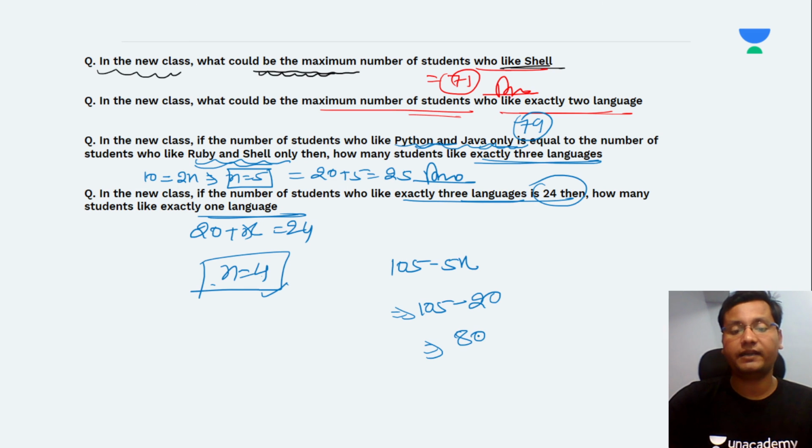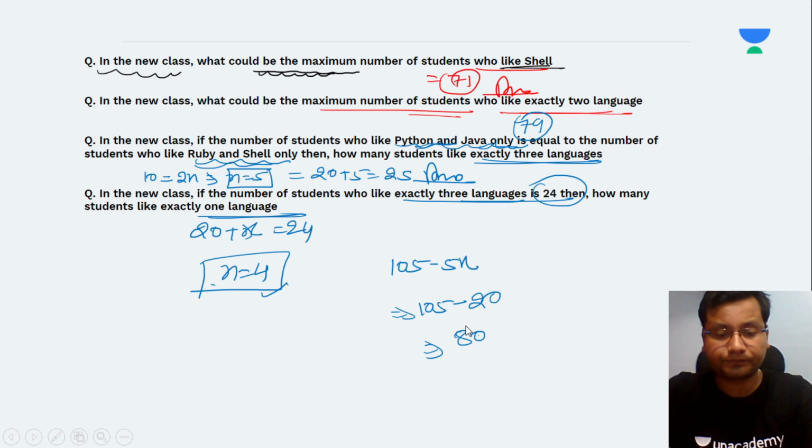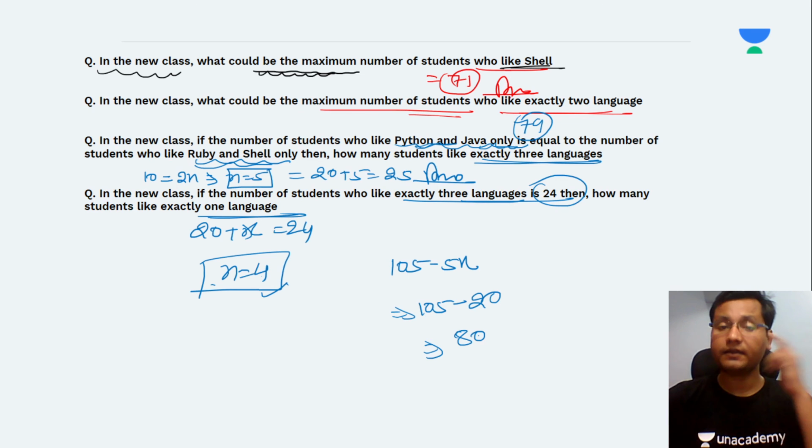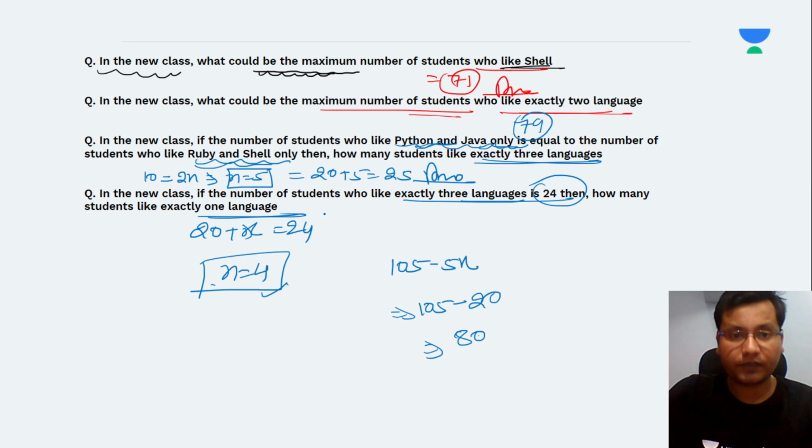That has to be 80. 80 is the correct answer. Okay, so for this question, 80 is the correct answer.